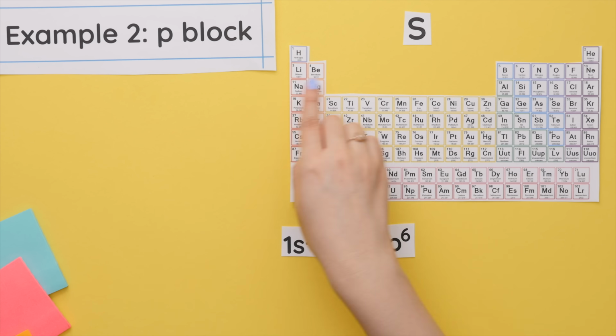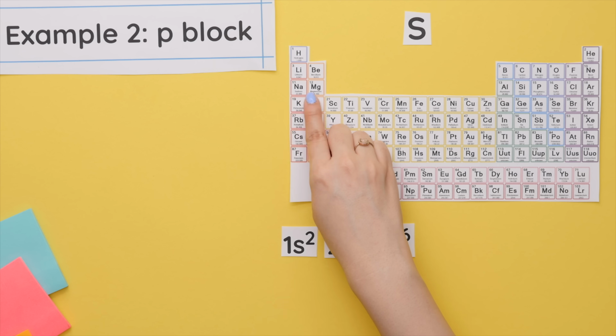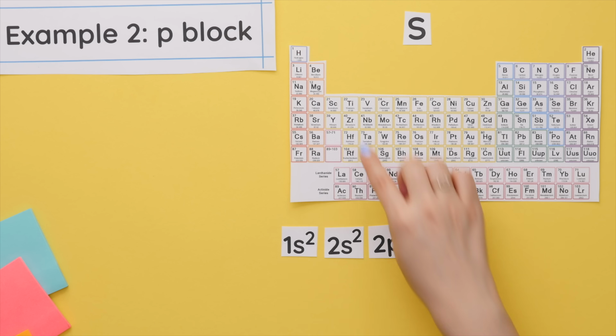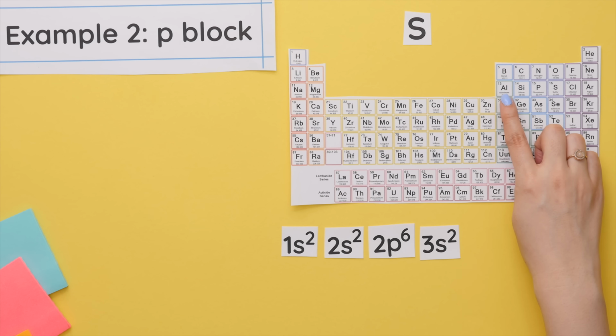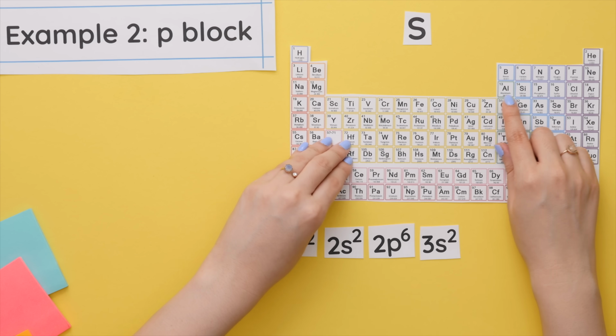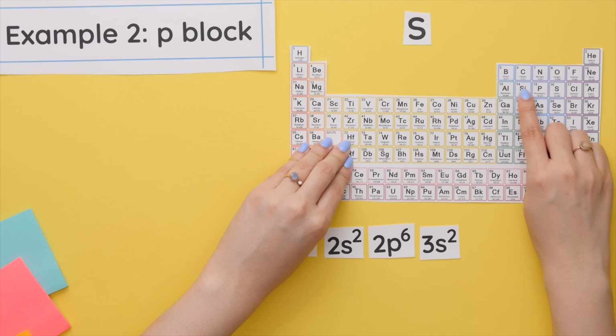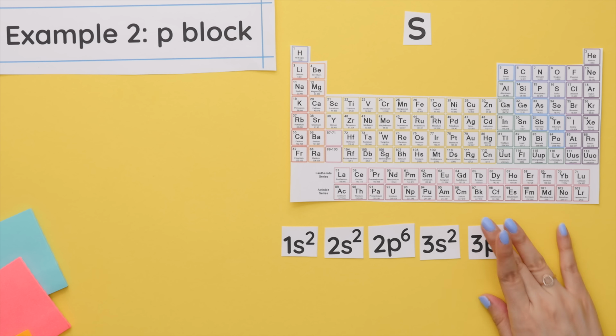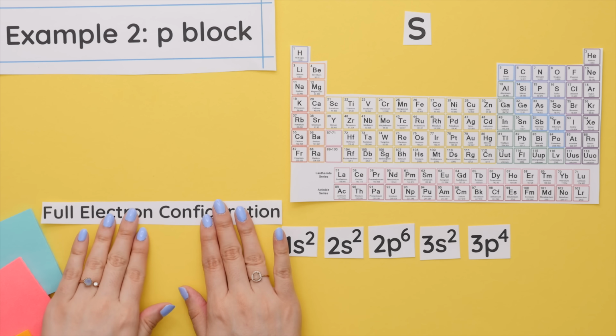Come back around onto the third row to 3s1, 3s2. Keep going straight across to the P block in row 3, and we will count up until we get to sulfur. So 3p1, 2, 3, 4, 3p4. This is our full electron configuration for sulfur.